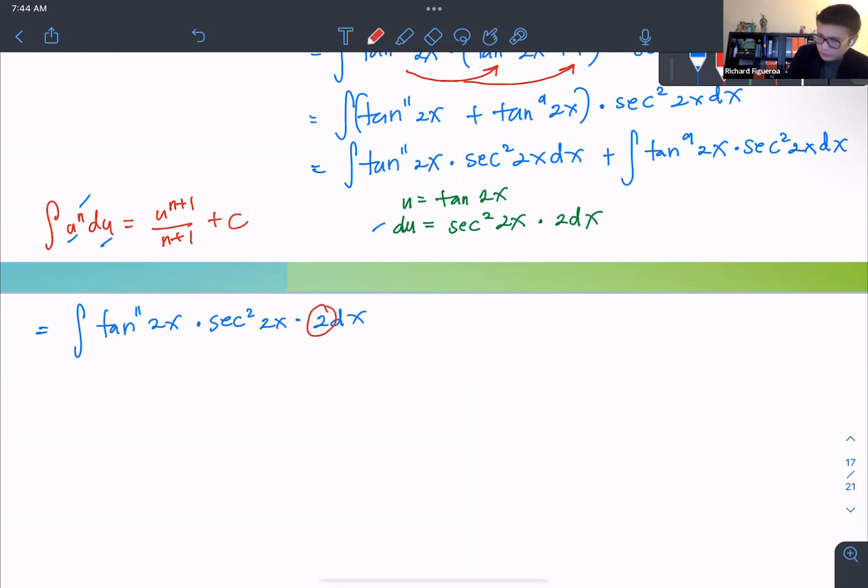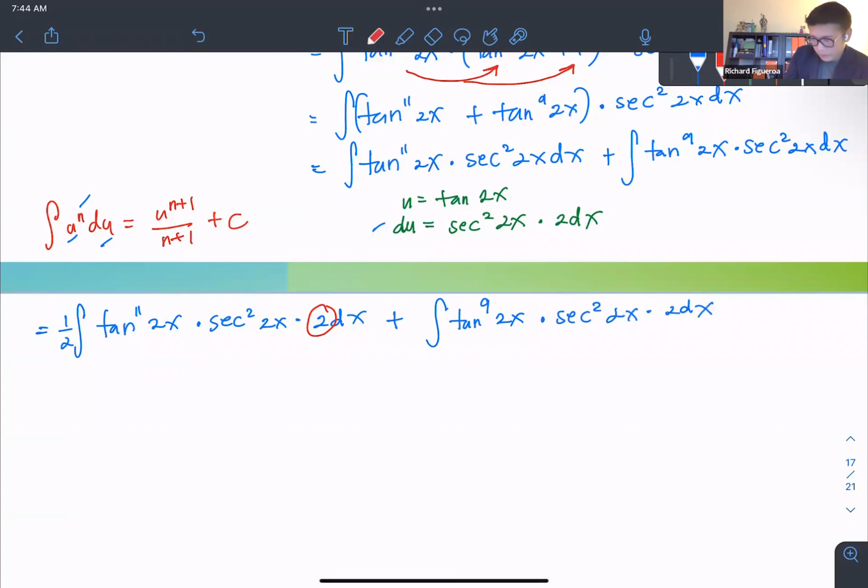We are in excess of 2, so we multiply by 1/2. Similarly, for the integral of tangent 2x where n is 9, its derivative is secant squared 2x times 2 dx, so we're in excess of 2 and we neutralize it by 1/2.